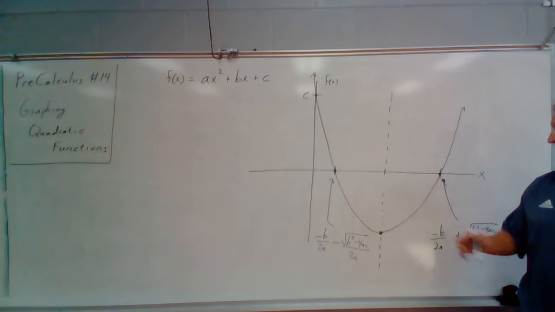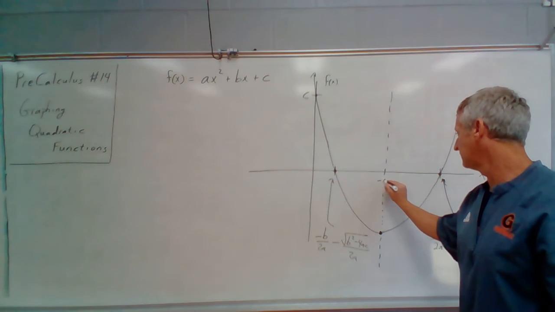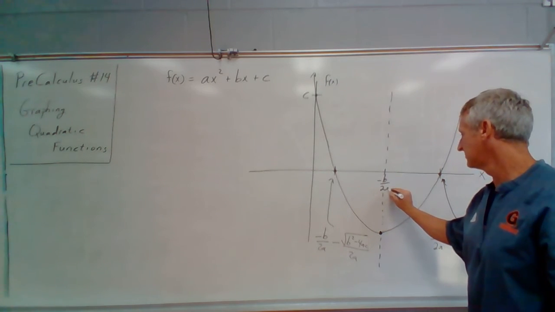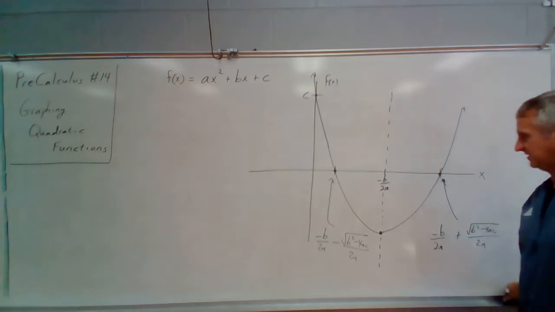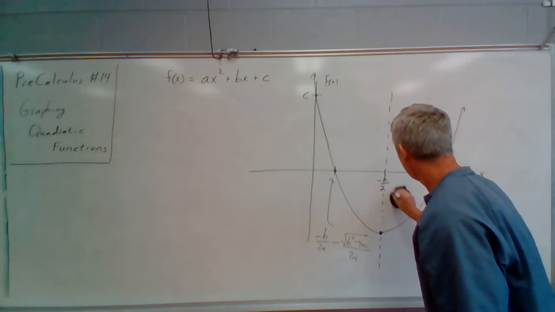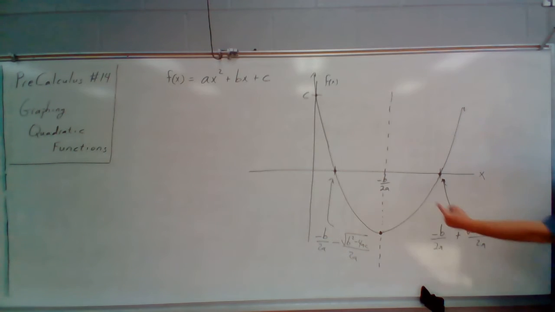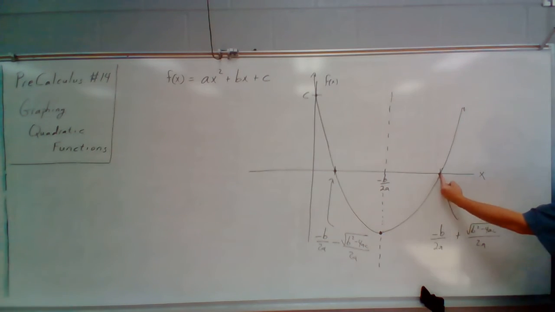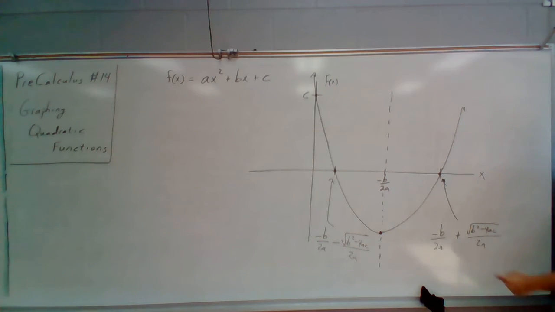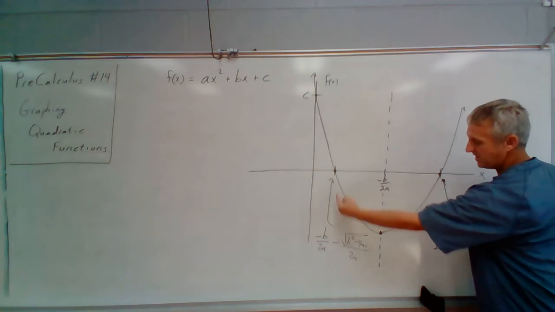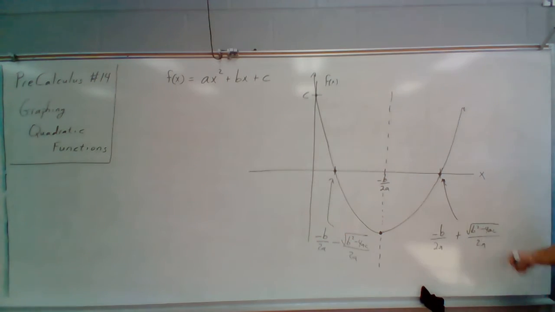What is this x-coordinate? Obviously, this would be negative b over 2a. So negative b over 2a is right in the middle.